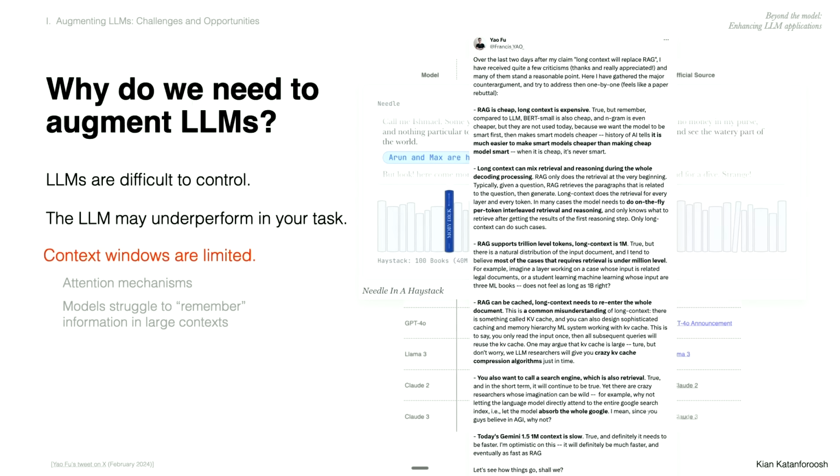The debate that this tweet from Yao Fu outlines is that, in theory, if we have infinite compute, then RAG is useless because you can just read a massive corpus immediately and answer your question. But even in that case, latency might be an issue. Imagine the time it takes for an AI to read all your drive every single time you ask a question. It doesn't make sense.